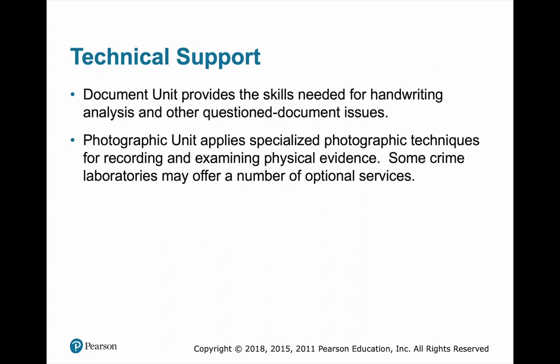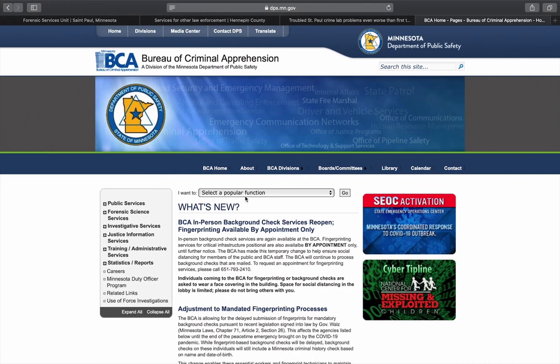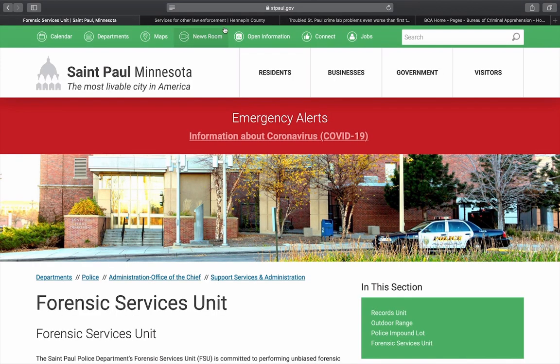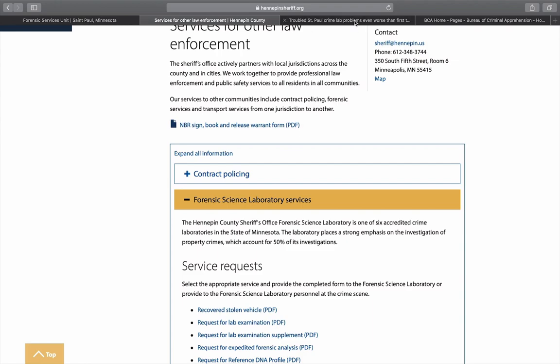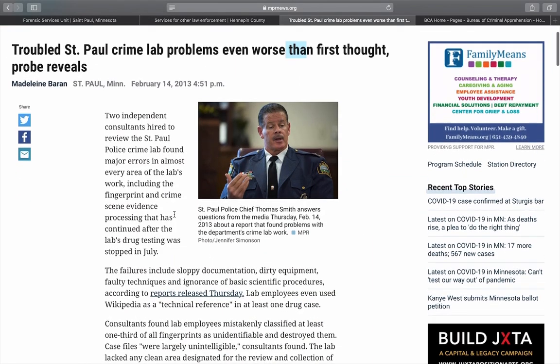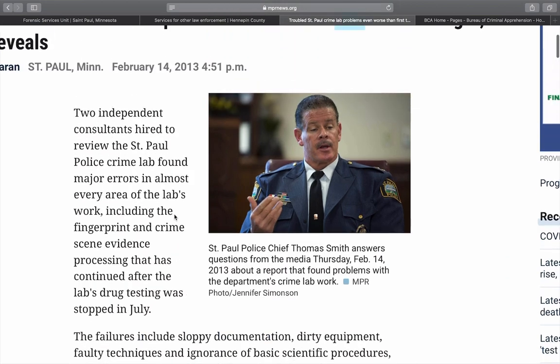You also have the document unit, photographic unit. Okay, there's something that I wanted to show you that was actually quite interesting. Back in 2013, it came to light that, and let me read this here for you, two independent consultants hired to review the St. Paul Police Crime Lab found major errors in almost every area of the lab's work.